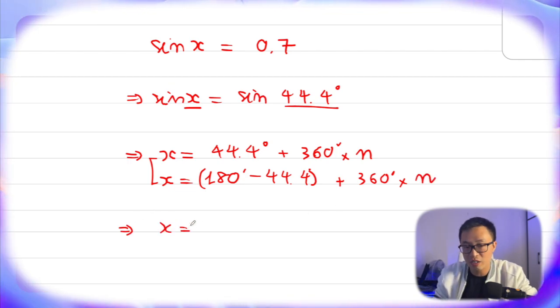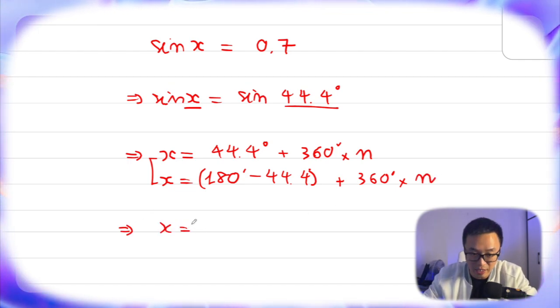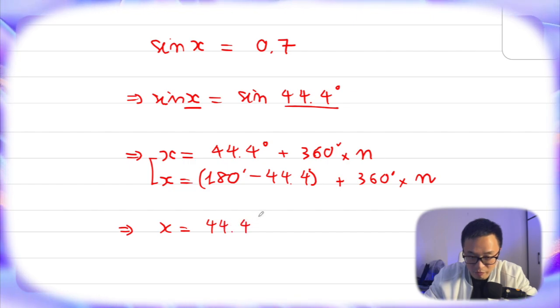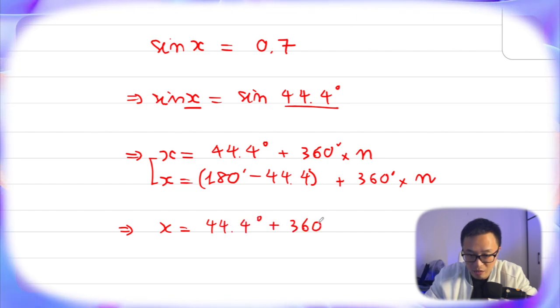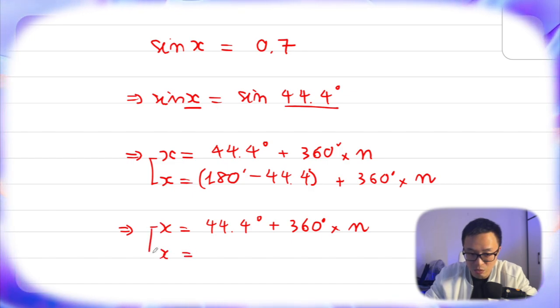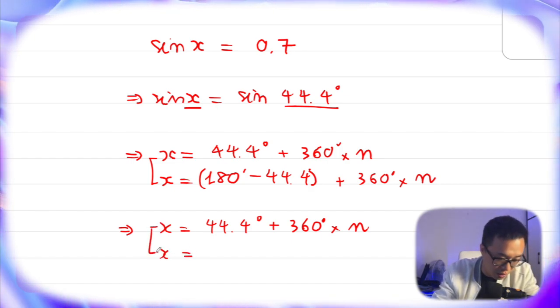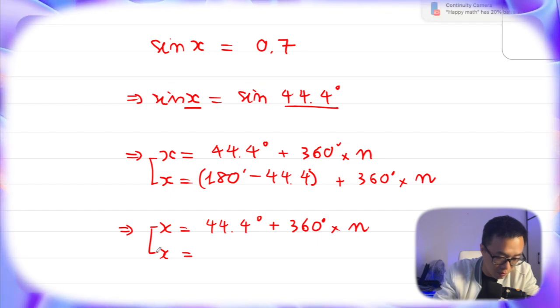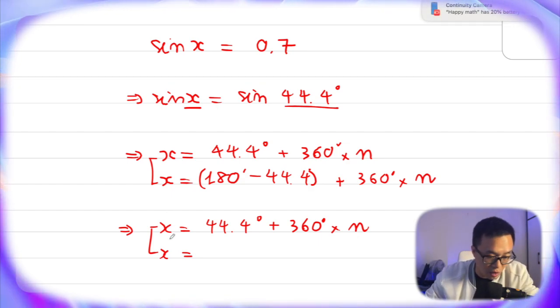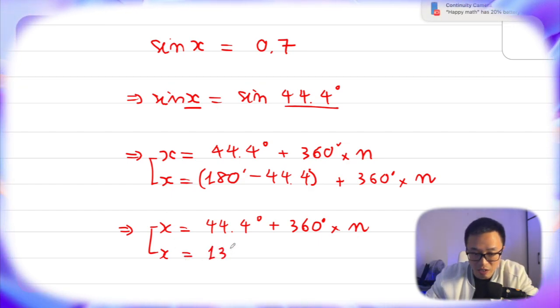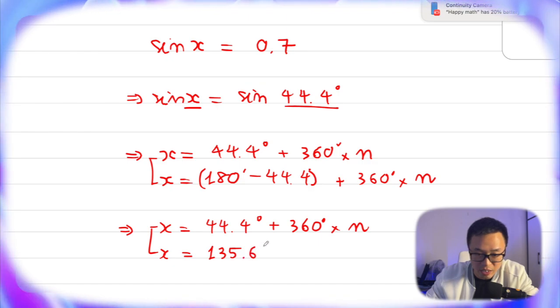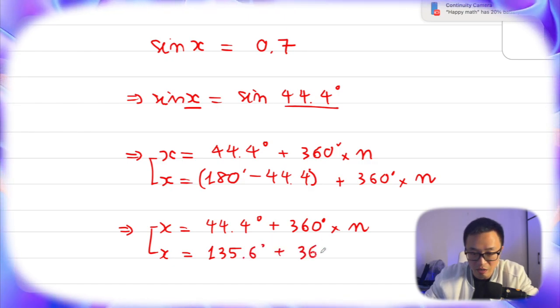Now the first equation is quite easy: 44.4 degrees plus 360 degrees multiplied by n. And the next one is 180 minus 44.4, so the angle will be 135.6 degrees plus 360 degrees multiplied by n.